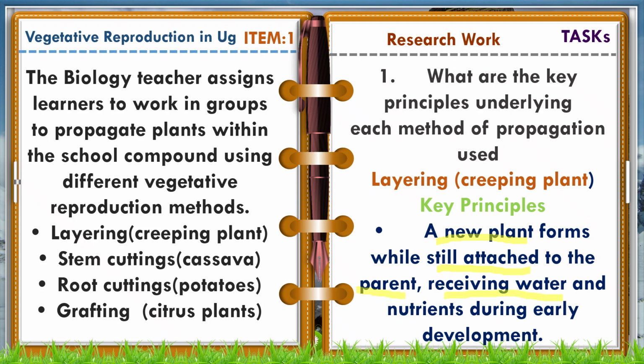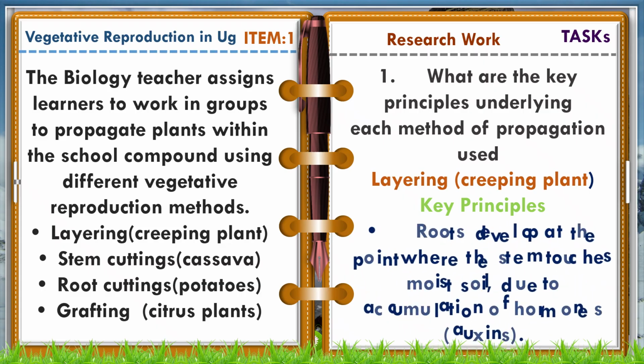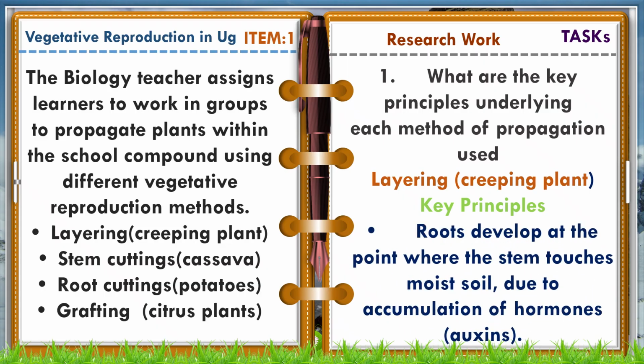It receives water and nutrients during early development. The roots develop at the point where the stem attaches to moist soil due to accumulation of hormones, and those are auxins.